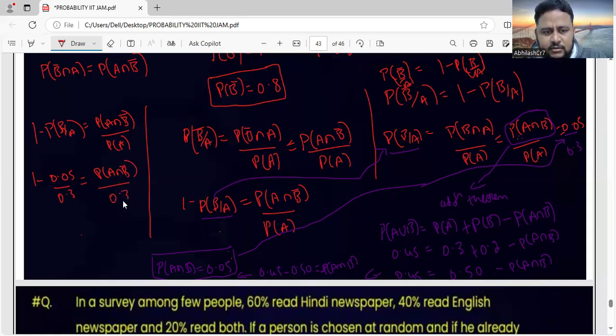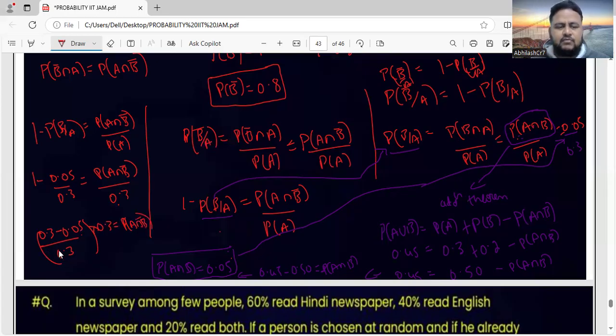I'll write it here. Now, here I'll take LCM. If I take LCM, it will become 0.3 minus 0.05 divided by 0.3. And if I send this 0.3 up, it will come here: 0.3 is equal to probability of A intersection B dash.